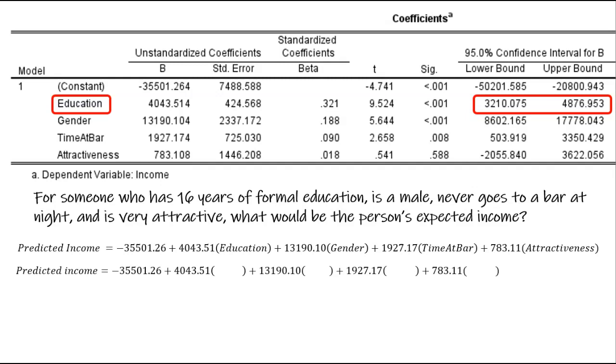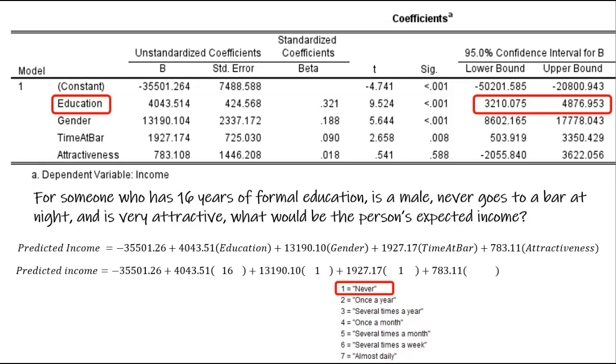Plug in 16 years for education and plug in the value 1, as male is coded 1. And for time spent in a bar, plug in 1 because we're predicting income for someone who's never been to a bar. And for someone who's never been to a bar, it's coded 1. Okay? And for attractiveness scale, plug in code 7, which is the highest score representing those who are very attractive.